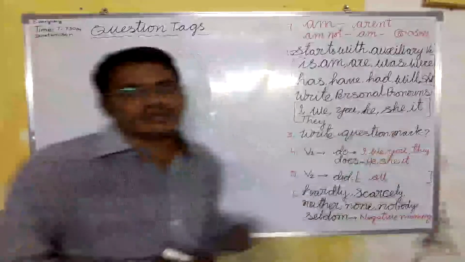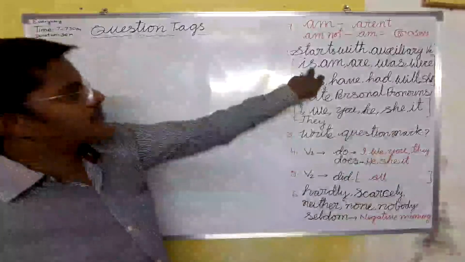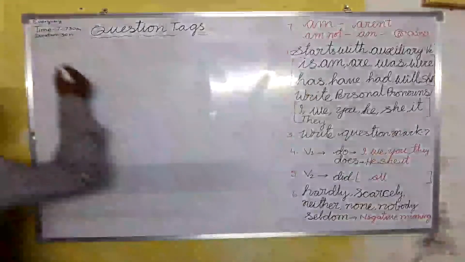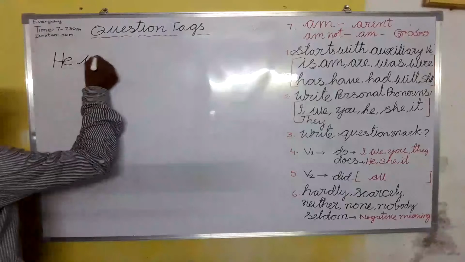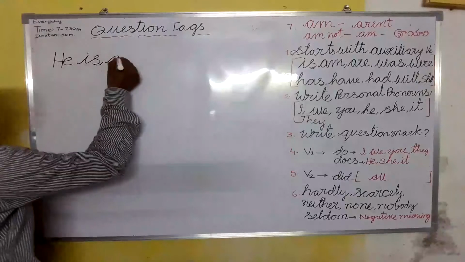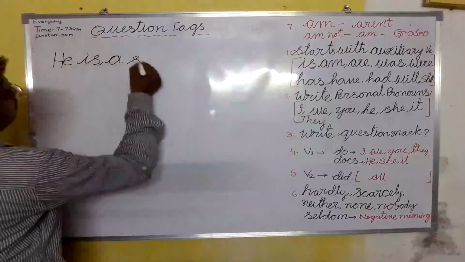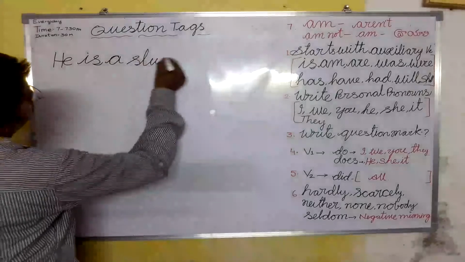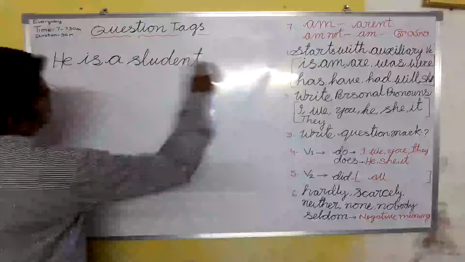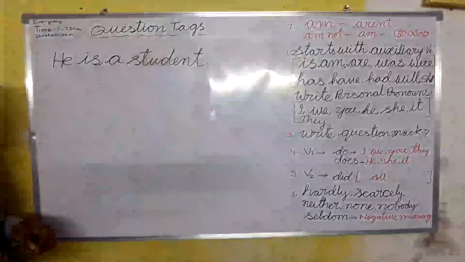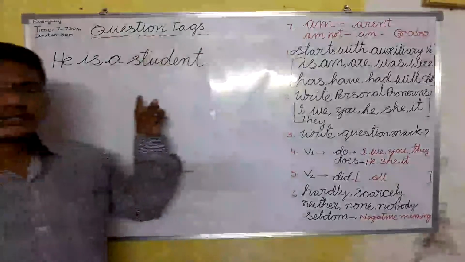మనం ప్రాక్టీస్ చేద్దాం ఇప్పుడు. So we shall write with he is here. Example here: He is a student. Are you able to see this?